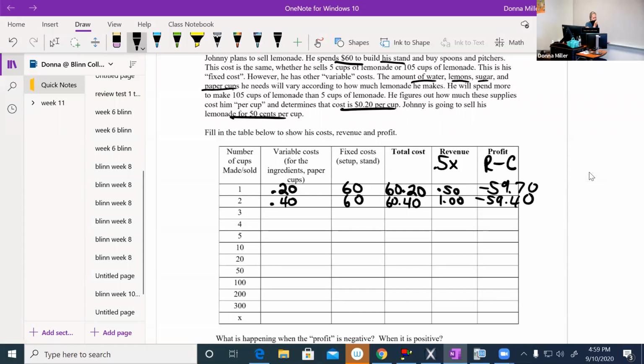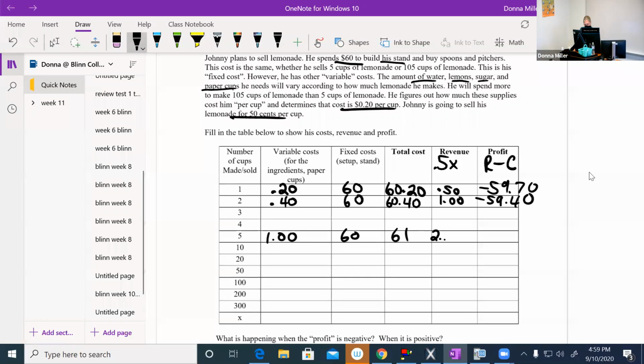I'm not going to do all these. Let's jump up to 5 and see if that's any better. If he sells 5 cups, what's the variable cost for 5 cups? It's $1, right? 5 times 20 cents. Fixed costs are still 60. Total cost 61. What's the revenue? 5 times 50 cents, 250.